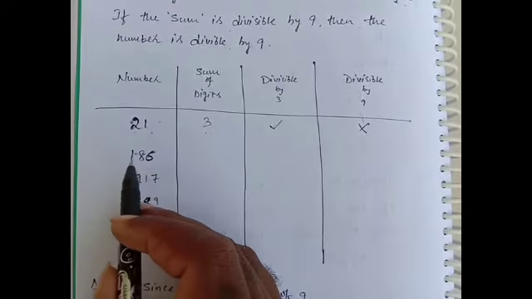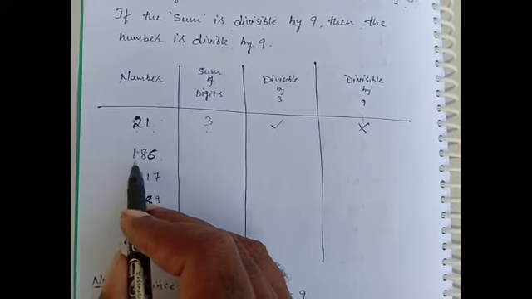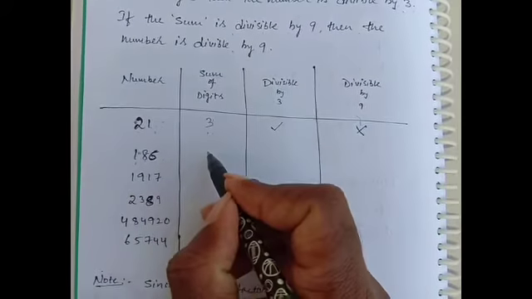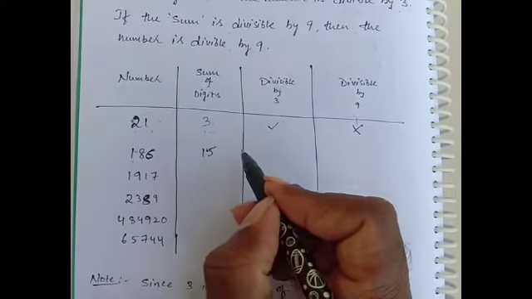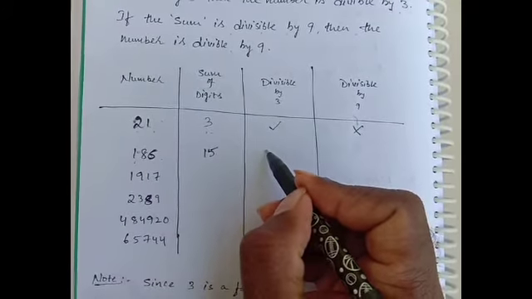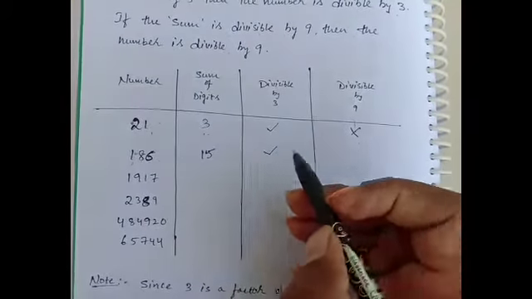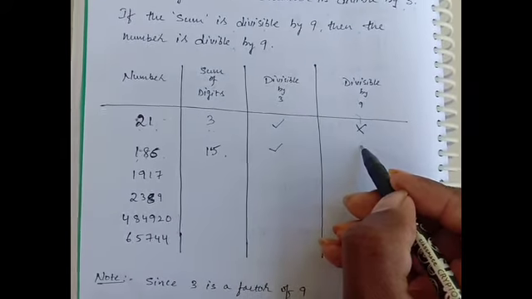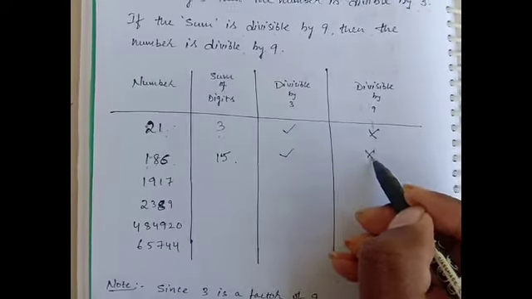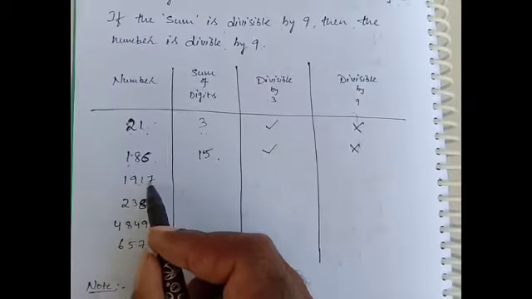The same way, the number 186. The sum of these digits is 1 plus 8, 9, plus 6, it is 15. Here 15 is divisible by 3, hence the number 186 is divisible by 3, and 15 is not divisible by 9, hence the number 186 is not divisible by 9. Now next let's take another number, 1917.